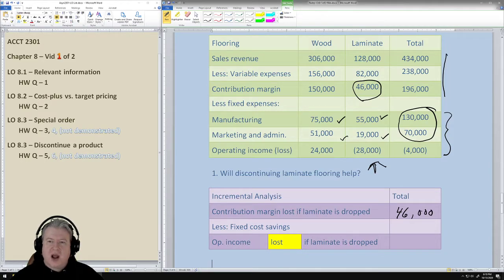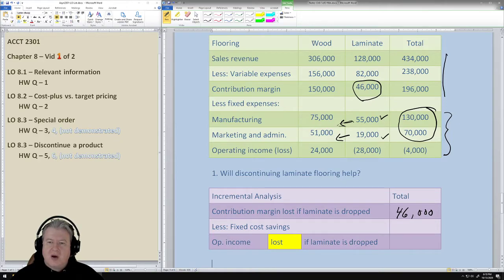Now, if we dropped the laminate, we would still keep these two items, right? At least that's from the information we have. We don't have any information that we would drop any of the fixed costs. So all of these fixed costs would have to be put onto wood, right?